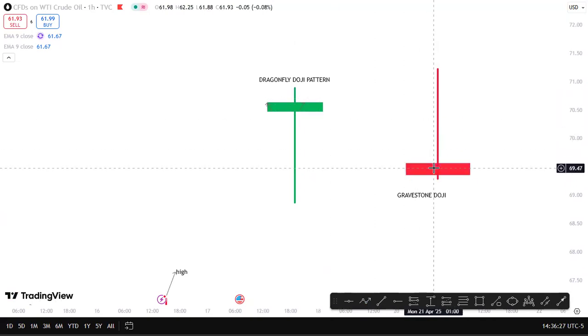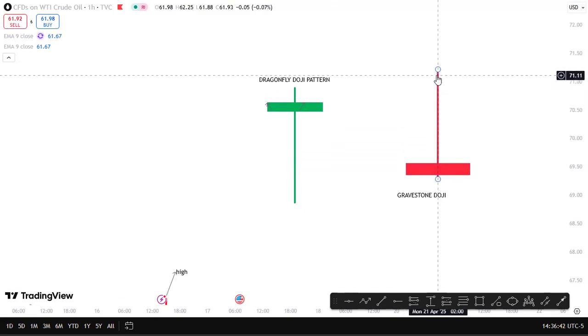Then an example of a Gravestone Doji is that same thing: the open and the close are about the same level in price. But always note that for this to be characterized as a Gravestone Doji, it has to have a long upper wick.